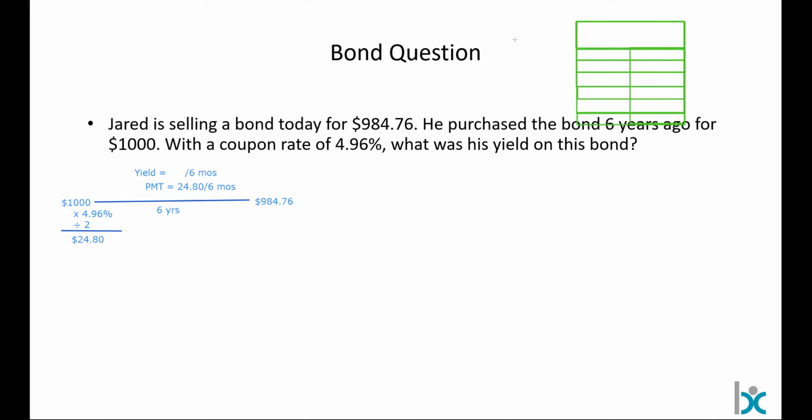It would have been issued, although I know we don't actually see this anymore, but at one time, this bond would have been issued with a par value of $1,000 and then a series of coupons paying $24.80. And the question then is, what kind of return would this have provided if I bought this for $1,000.